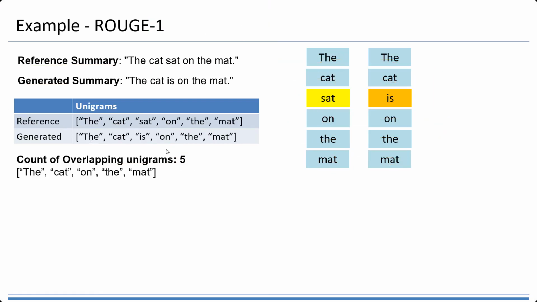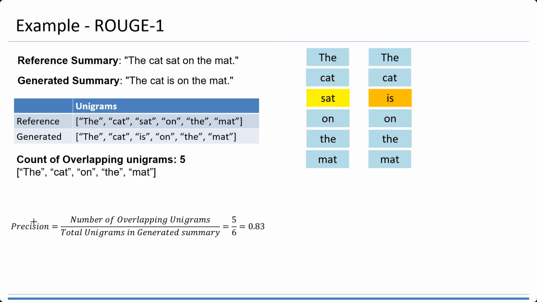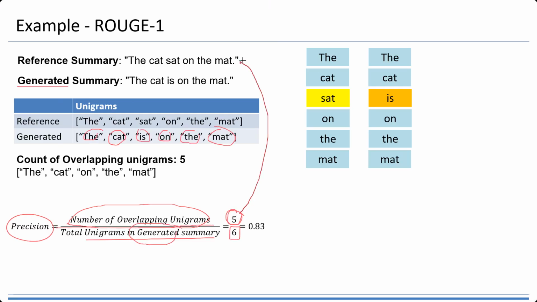Now we know that the overlapping unigram count is five. In order to calculate the precision, it is the number of overlapping unigrams, which is five, divided by the total unigrams in the generated summary. In the generated summary, we have 1, 2, 3, 4, 5, 6. Okay, so among 6 words, 5 words are the same as the reference. Then the precision is 0.83, or 83%.